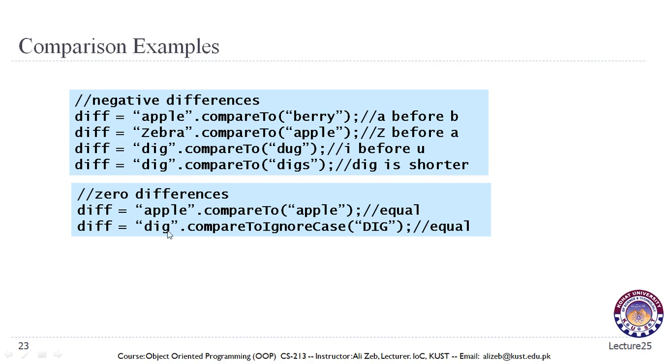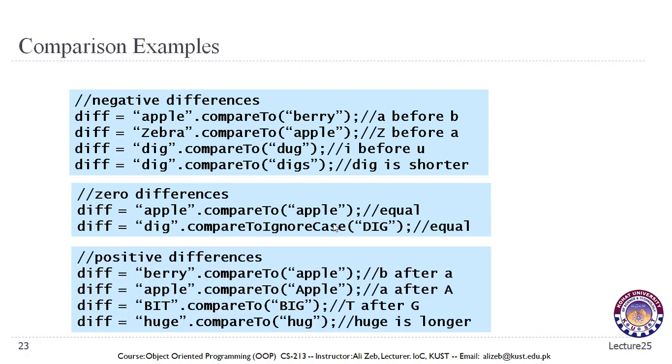0. Dig compared to ignore case should return a 0, since these are equal, and these should return positive numbers because B comes after A. Berry compared to apple should return a positive number.